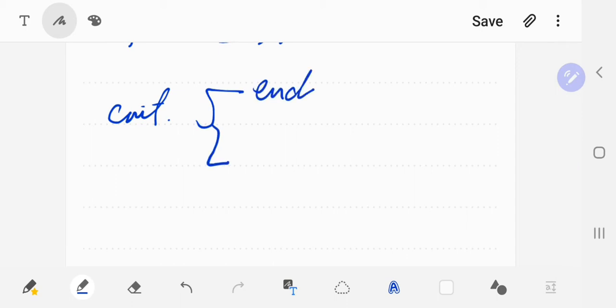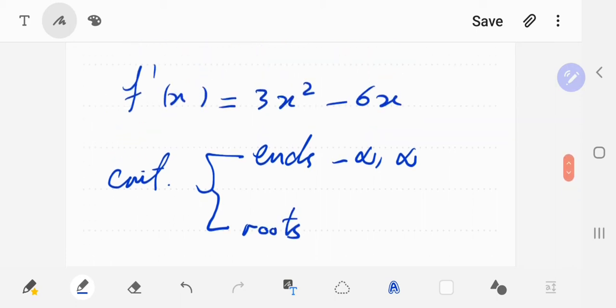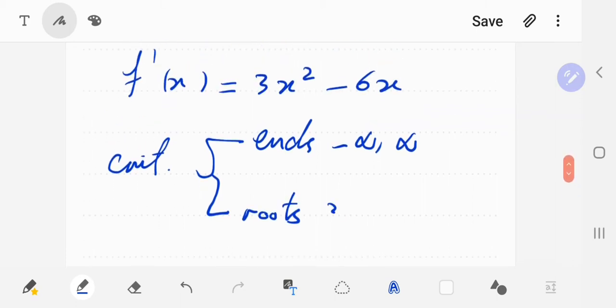the ends of the interval will be included, because the function is not differentiable at the end of the interval. And in this case, the ends are negative infinity and infinity. And then we have to find the roots. We need to check 3x squared minus 6x equal to 0.